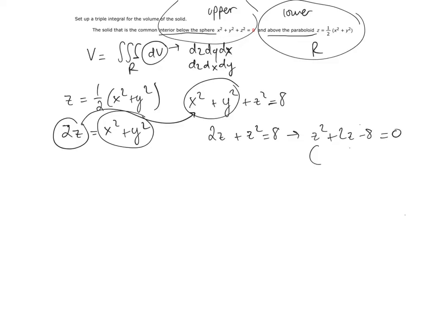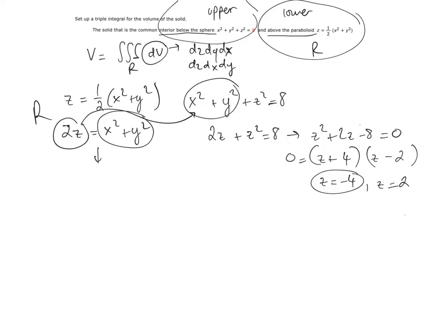You can solve this by trial and error. So you have (z plus 4)(z minus 2) equal to 0, so z will be -4 or z will be 2. It would not be very logical to have a z of -4, since our base region is going to be a circle if we plug in the value for z.